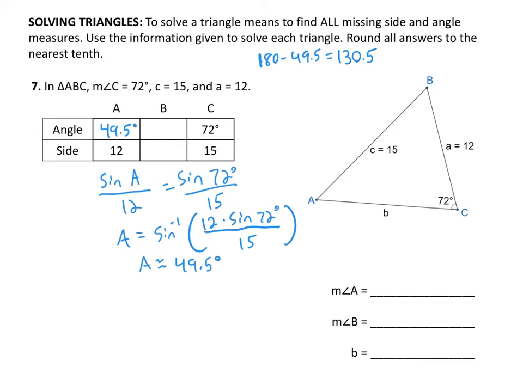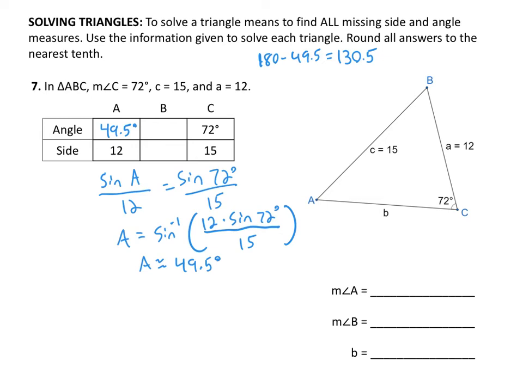Now, if it's possible for angle A to also be 130.5 as well as 49.5, we know 49.5 is correct, but it might also be possible for it to be 130.5, then we'd be in business. However, because angle C is 72 degrees, 72 plus 130 is greater than 180 degrees to start off with. Angle B would have to be a negative angle value, which is not something that we're going to find in the natural world. So there is only one triangle here.